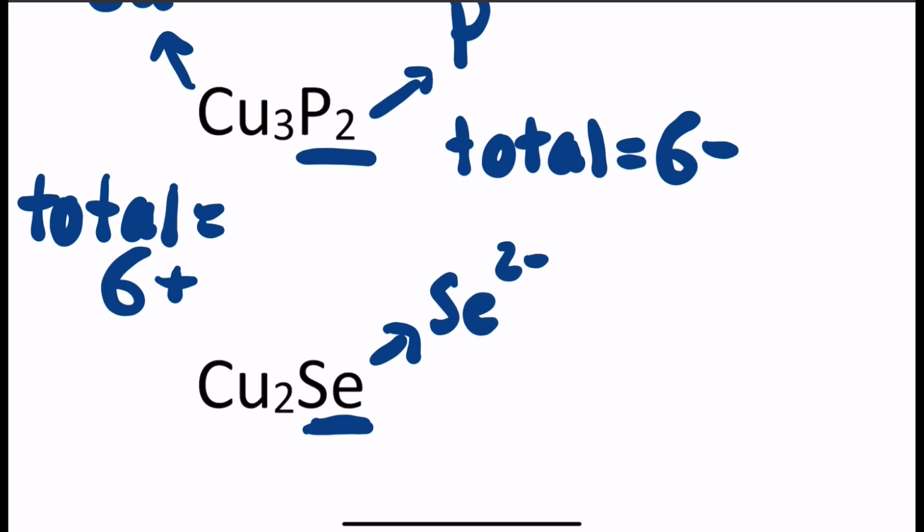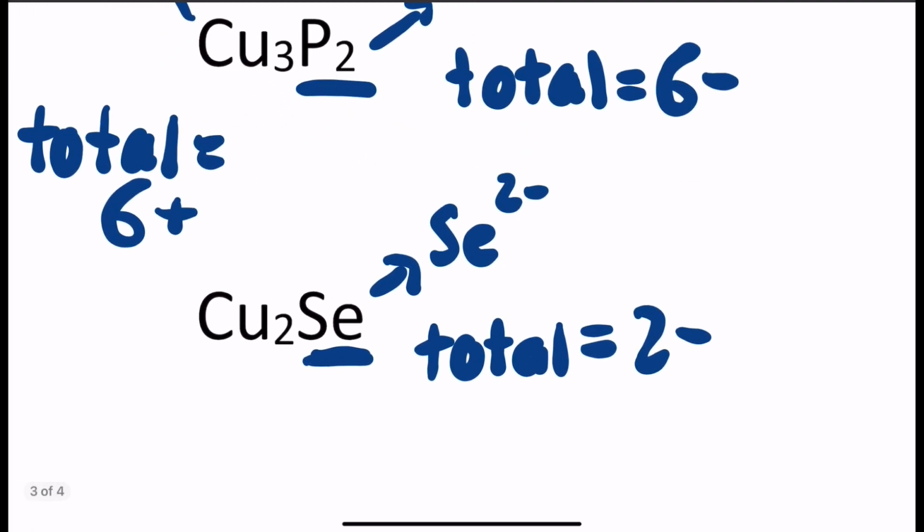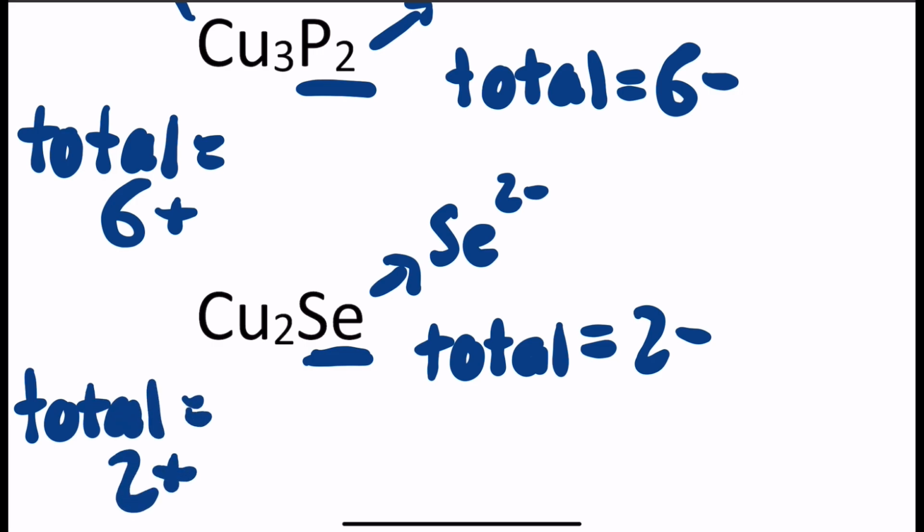It looks like we just have one of them. So the total negative charge from selenium is equal to this -2. And that means that canceling out that total negative charge is a total positive charge. So the total positive charge is coming from the copper ions. It looks like there's 2 copper ions.